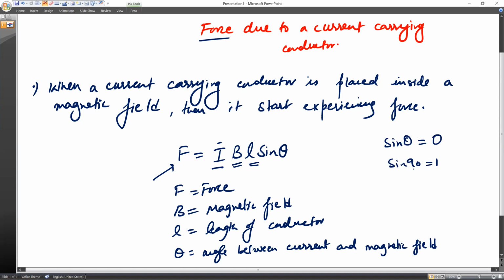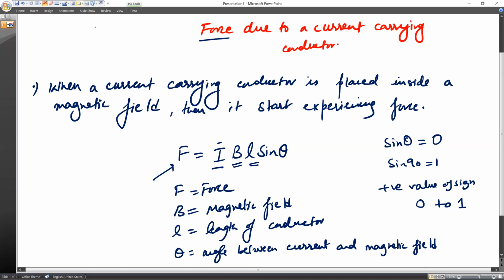The positive value of sin goes from 0 to 1. If the angle goes up to 180 and beyond, it will have a value of -1. So these are the values that we are talking about.